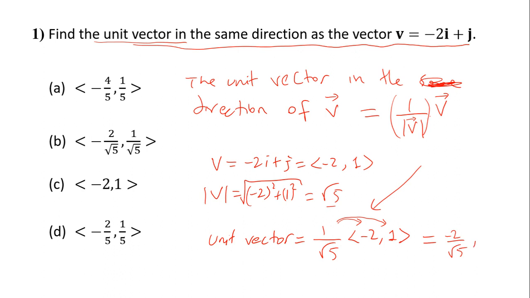So we get this one. As a practical thing, after you check this one, you can directly divide those by square root 5, and you can get the result. So basically it's b.